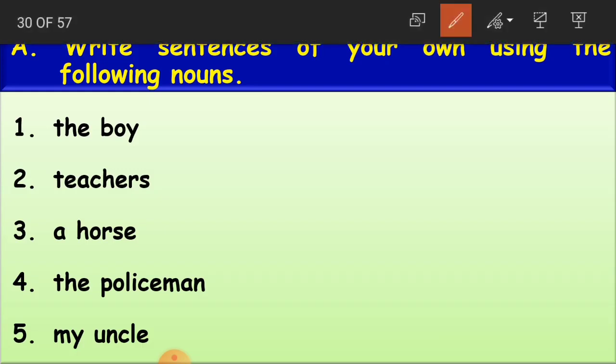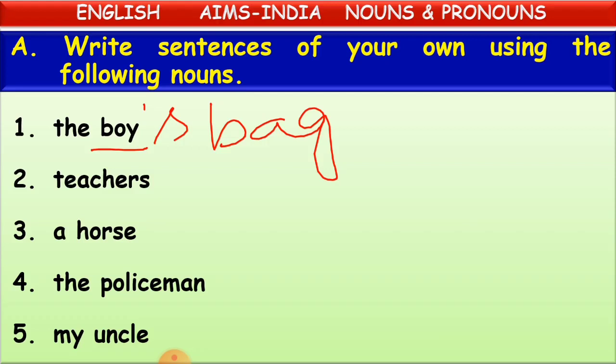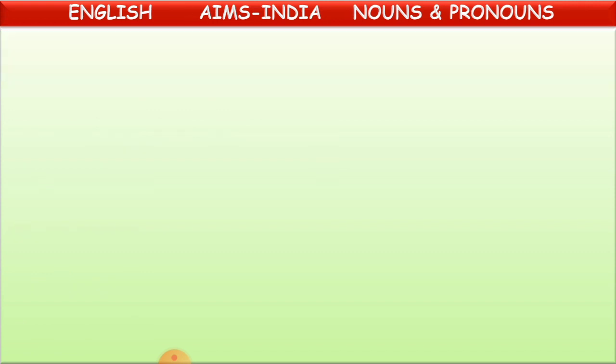If you want to write the possessive form for this noun, suppose he has a bag. How will you write? The boy's bag. Or the boy's bat, anything which belongs to that particular boy. That is the possessive form. Please write about these nouns using possessive forms.